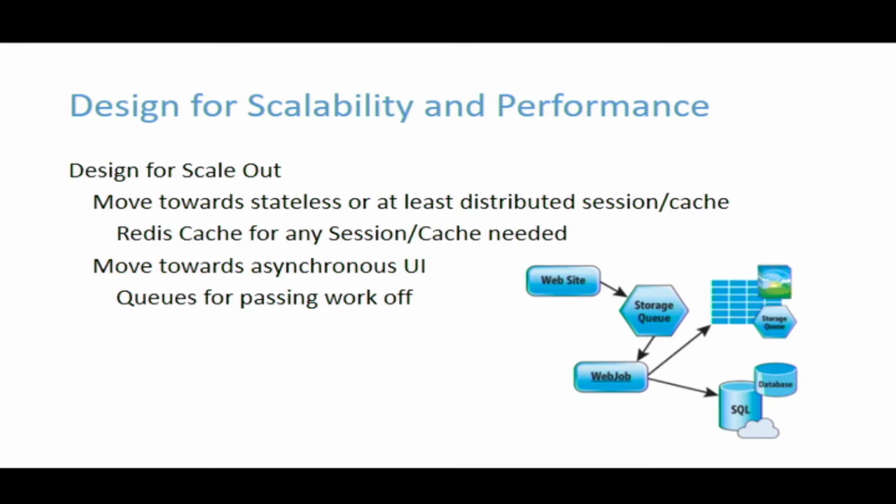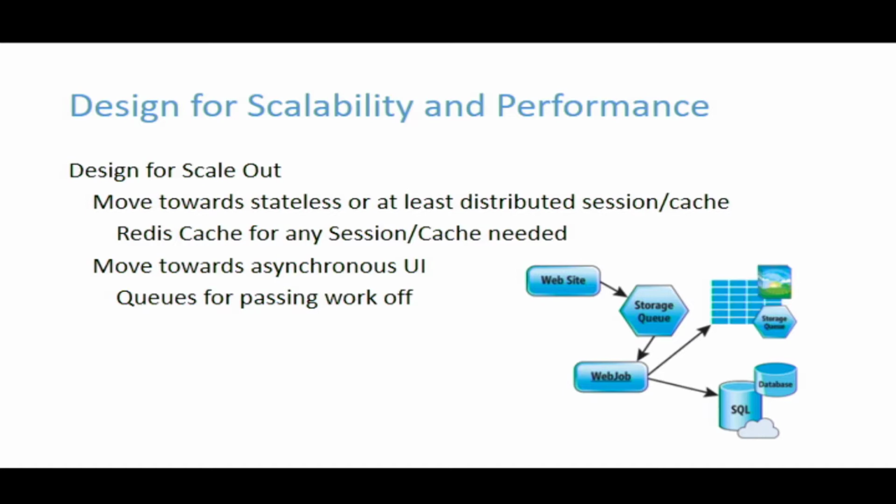So Redis Cache is a great way to do that. And there's a session provider and a cache provider for UI components that you can use that wraps Redis on the back end. It's just a web config change once you set it up, and it uses all the same stuff that ASP.NET uses anyways. And move to an asynchronous UI so that one call is not holding things up to get a response back.